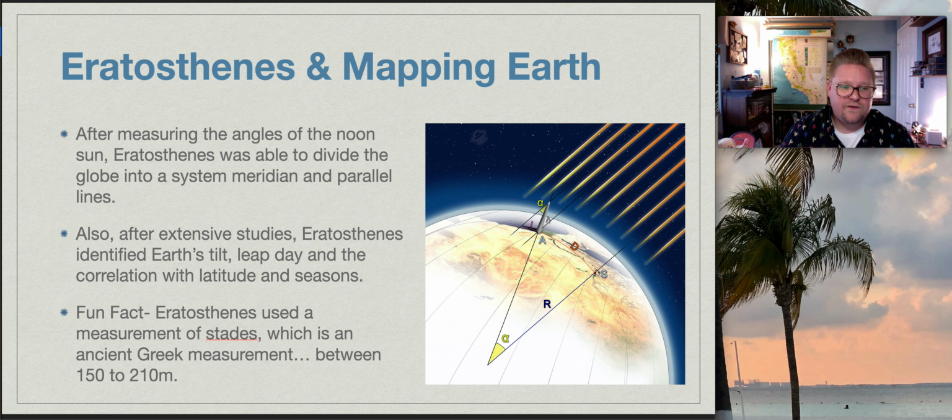So, fun fact, Eratosthenes used a measurement of stades, which is an ancient Greek measurement. We really don't know a whole lot about it. We have figured that a stade is between 150 and 210 meters, but it's very ambiguous as to what the real value is.